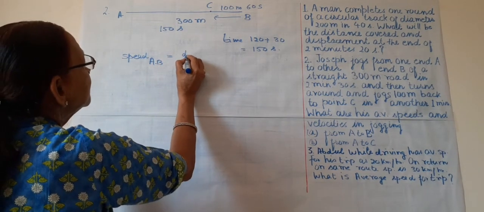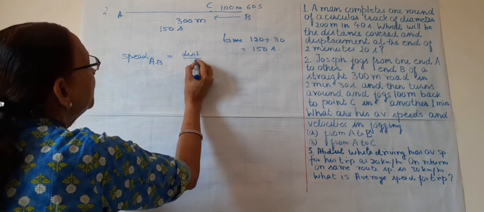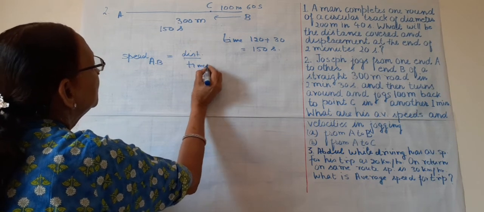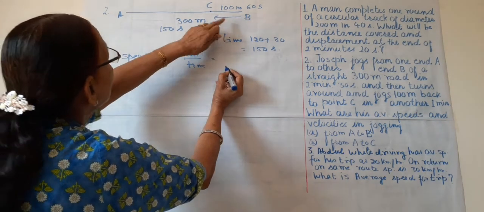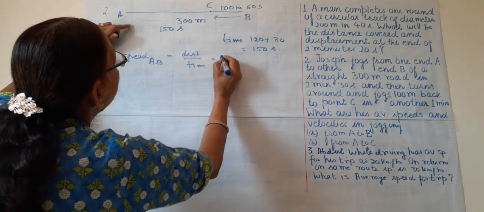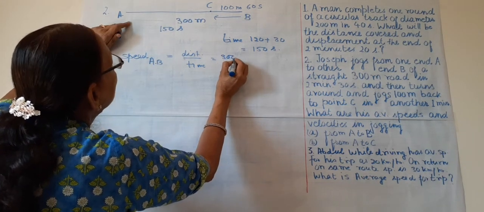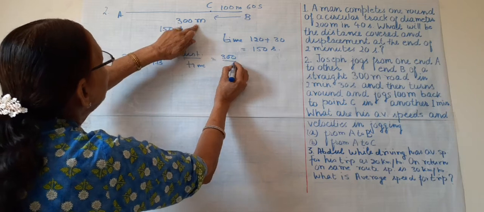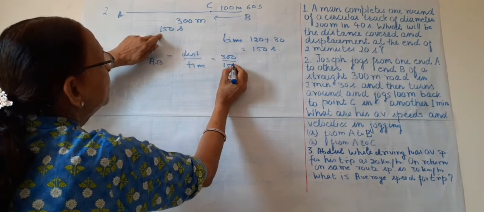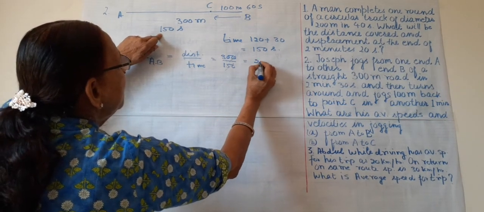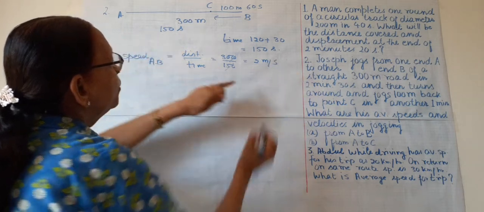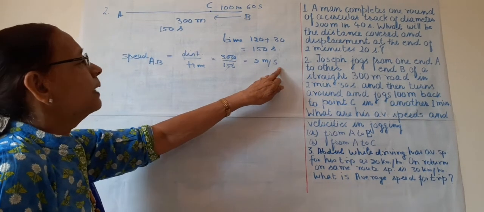Simple. Speed is distance upon time. The distance covered from A to B is 300. It is given the time taken is 150. So simply we have got 2 meters per second.